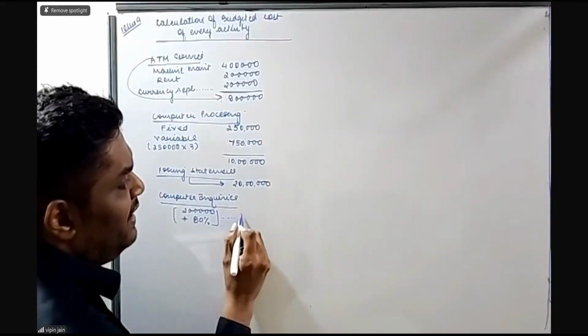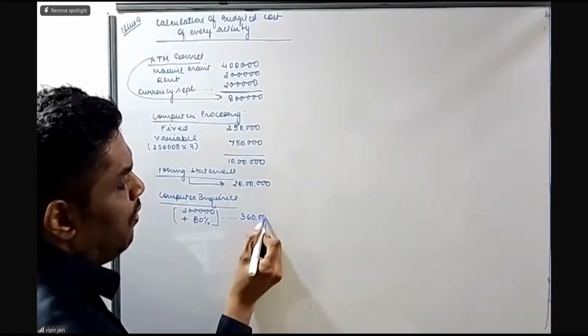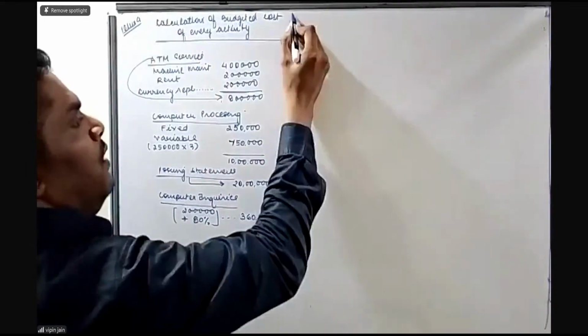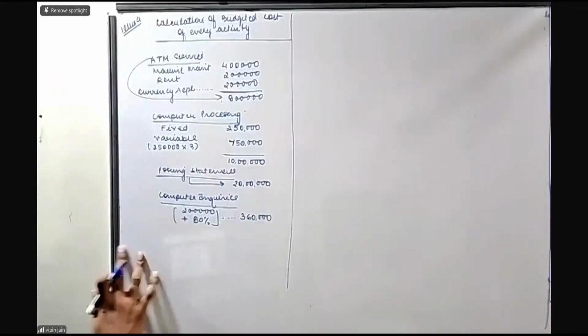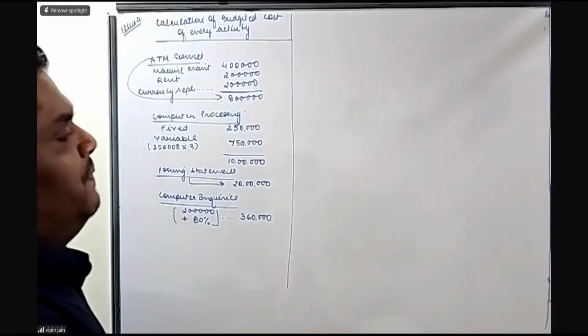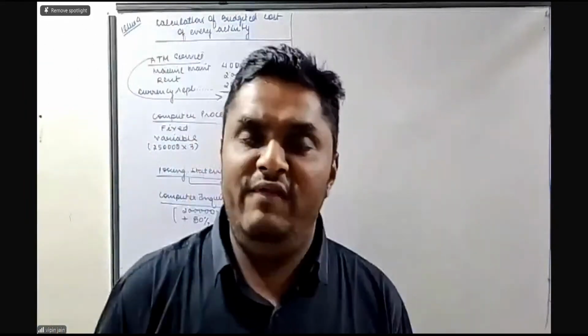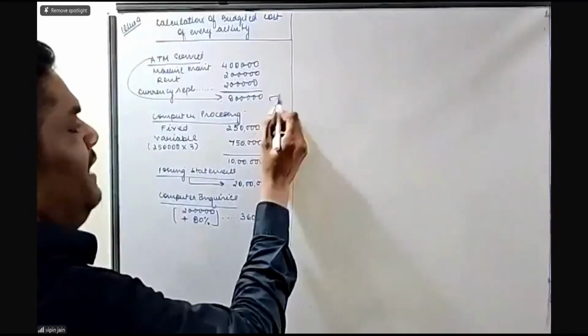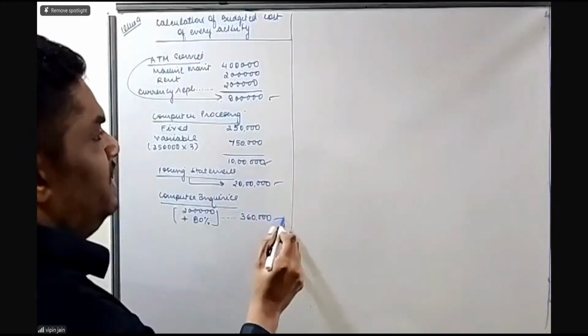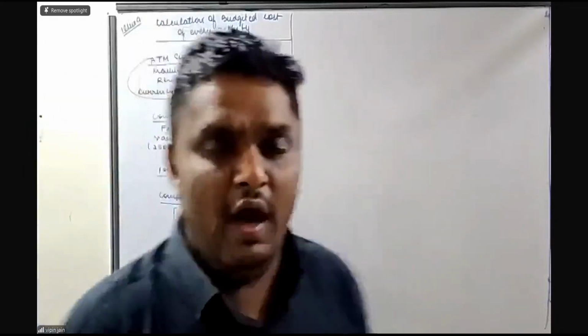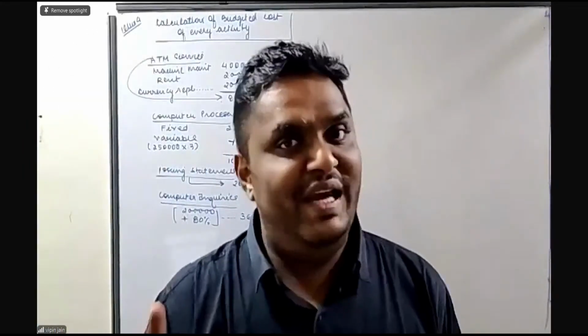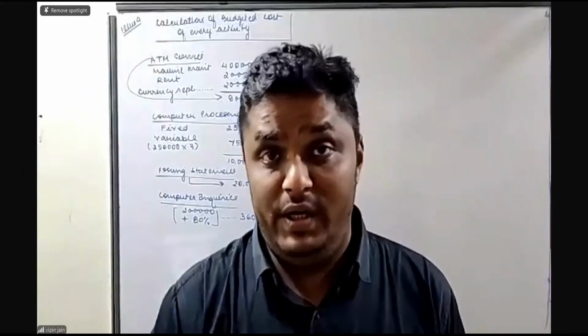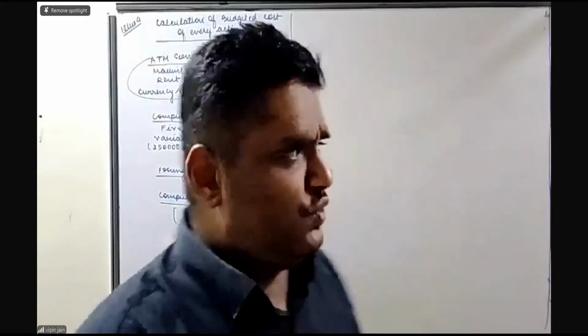So this will be 3,60,000. So herein we have calculated the budgeted overheads for the period. Now we have got the overheads, that is 8 lakh, 10 lakh, 20 lakh and 3,60,000. Now we have to prepare a statement showing calculation of absorption rate, as we have been doing in the last 2 questions.